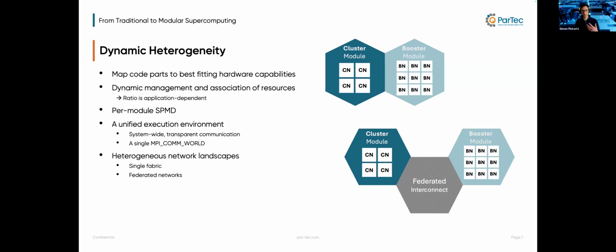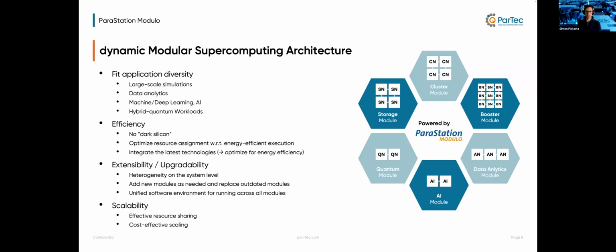And let's say if we already have the idea of aggregating resources into so-called modules, starting with the cluster and booster module, the next natural step is to think about what additional types of resources we could start to integrate into such a system.